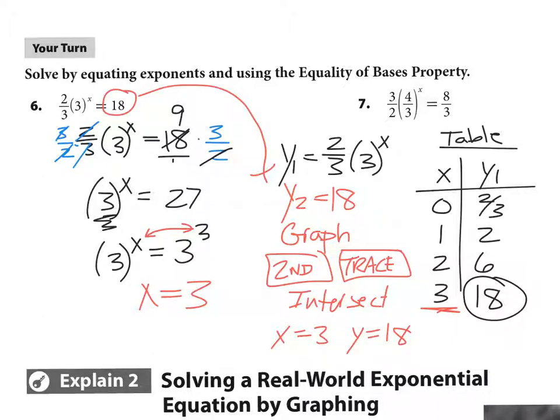But again, if you're going to use the graphing method, you've got to set your window where you see the point of intersection, okay? So if you can't see the point of intersection, change your window until that happens.